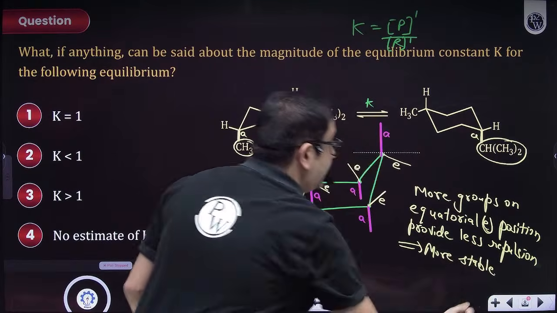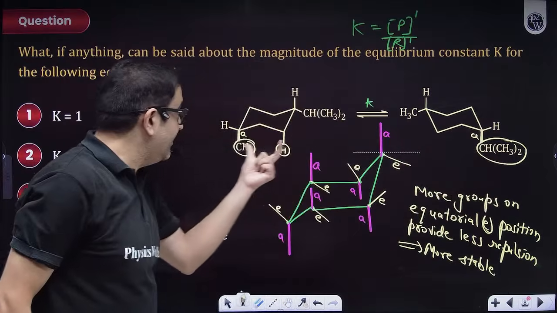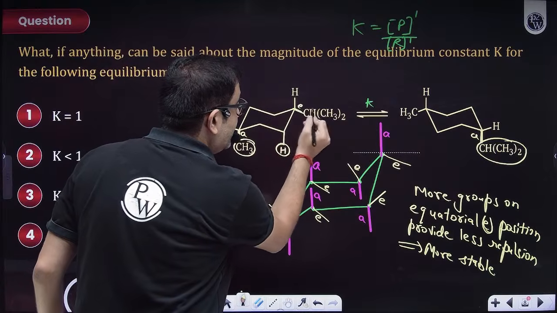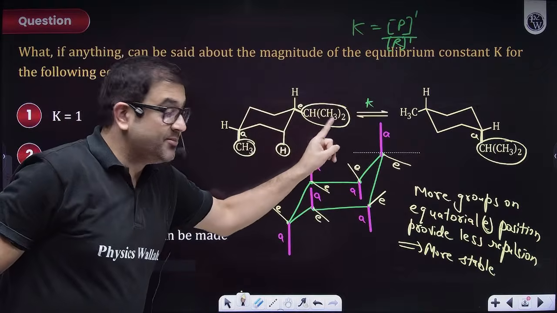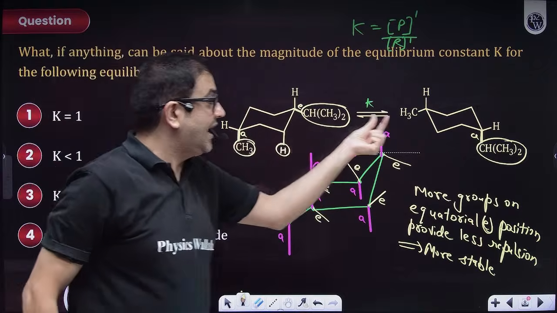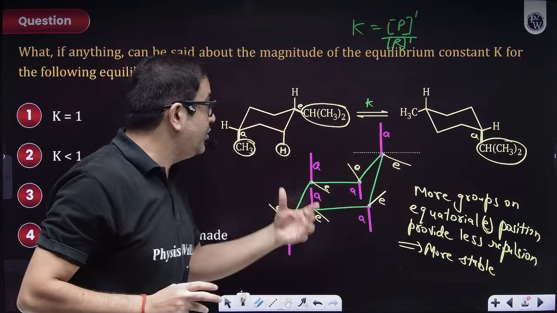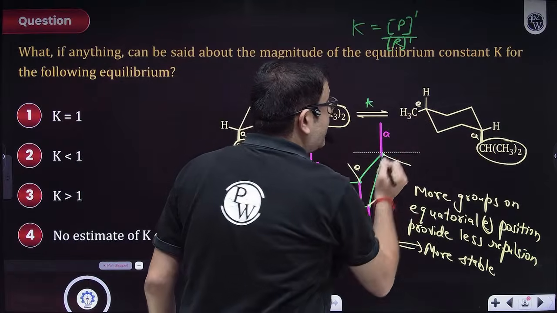So you tell me, here the bulky group is present in axial position. Here the bulky group is present not in axial position but in equatorial position. Ultimately one methyl group is in axial position, so that is tied. Now you try to put them in equatorial position. Here this is an equatorial position, here this is an equatorial position.